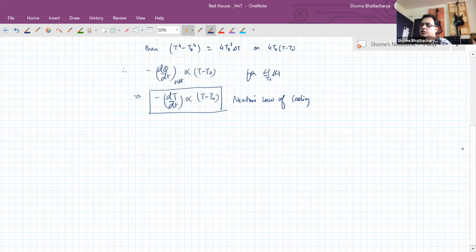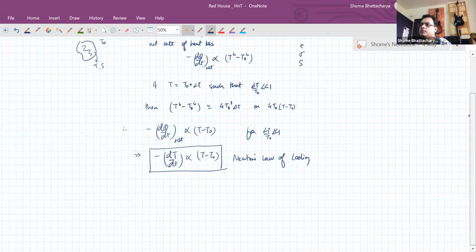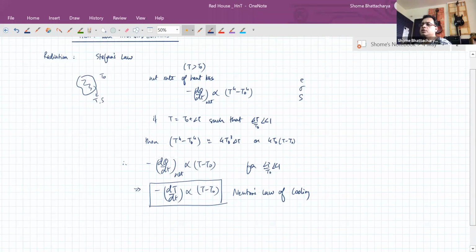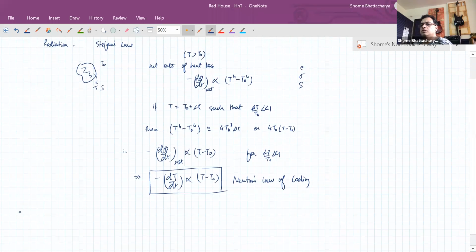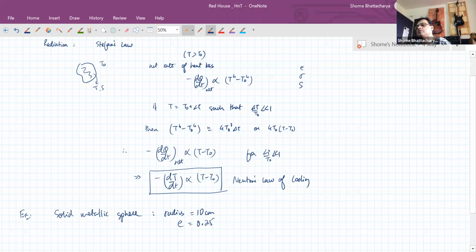So let's begin with a question based on that, on how to develop the relation for the constant of proportionality. We have a solid metallic sphere. Radius is 10 centimeter. The emissivity of the metal is, let's say, 0.25.